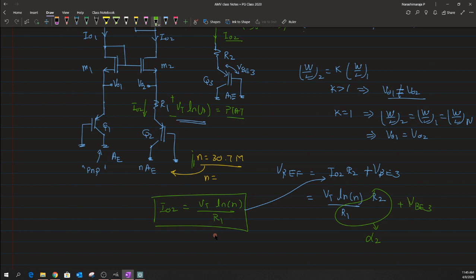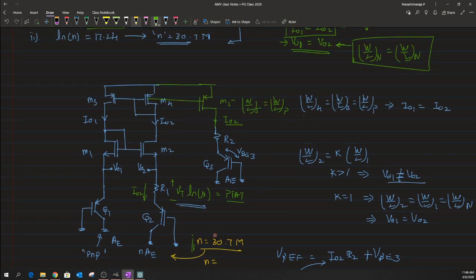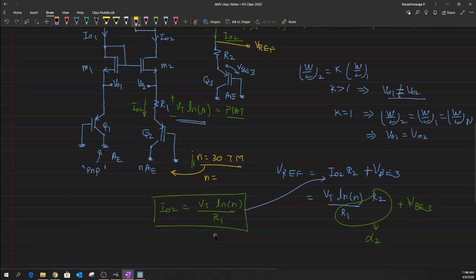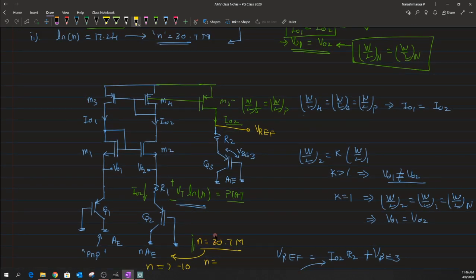This is how we could tap this output as our V reference, provided the value of n that I have across this Q2 is small, approximately in a range of 2 to 10. Within that range, I cannot tap this VO2 as our V reference, but rather I have to pass it through one more structure, which is a combination of M5, Q3 and R2. Clear?